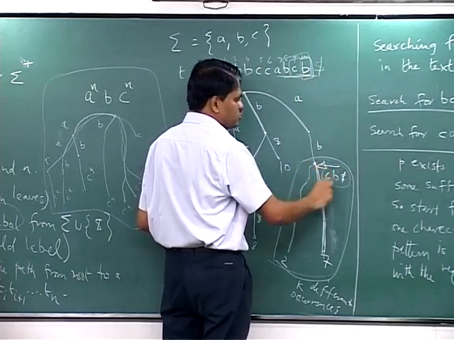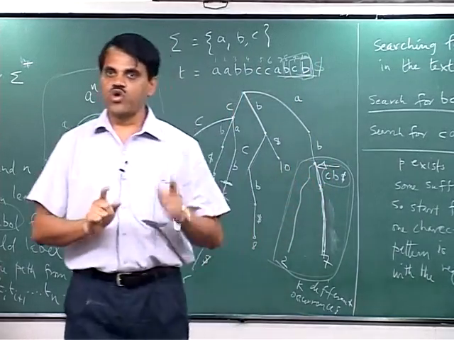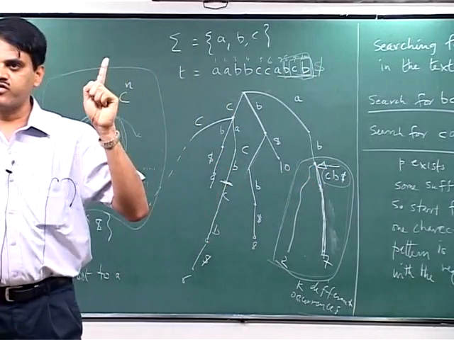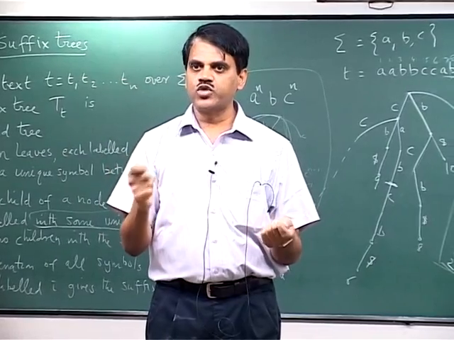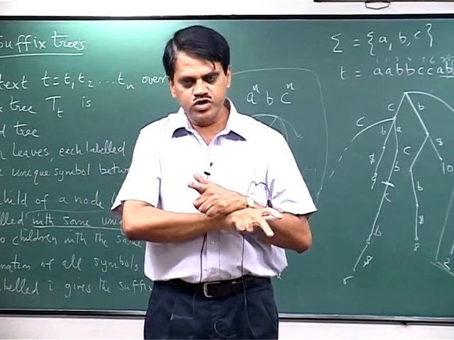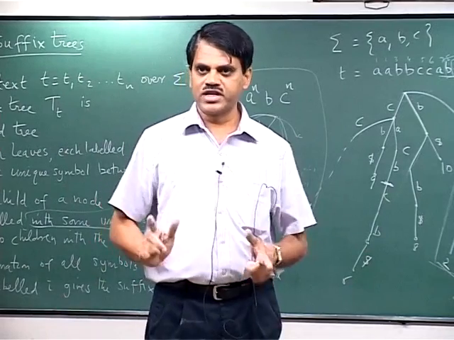So instead of storing the string, because the string length could be completely arbitrary, we just store the starting and end point of this string in that text. That means I am just remembering two numbers, uniformly for every edge. So that makes implementation easy.